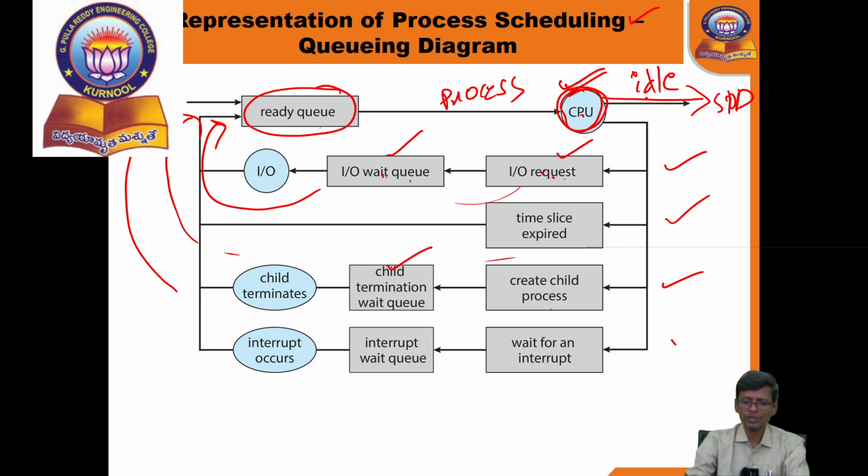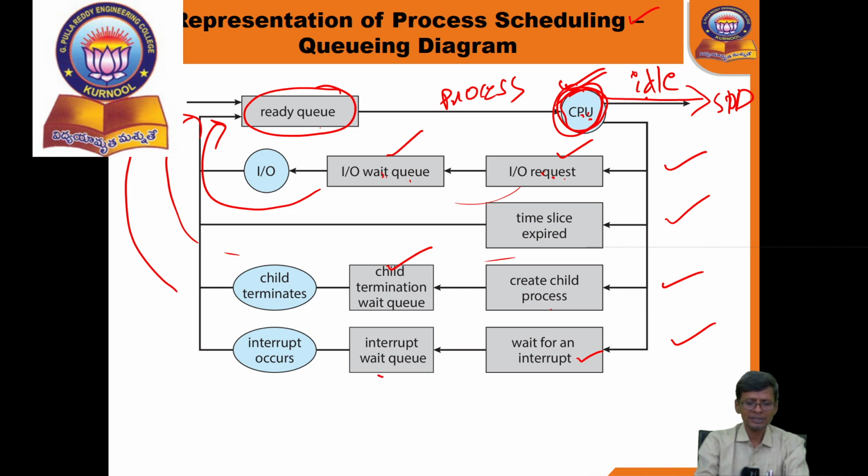And the fourth situation is when the process is in execution with the help of the CPU, and during the execution, an interrupt occurs. An interrupt is nothing but a breaking signal which stops the execution. So whenever an interrupt occurs, the execution will be stopped.